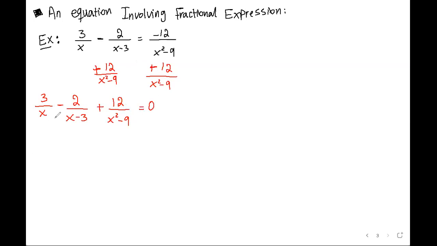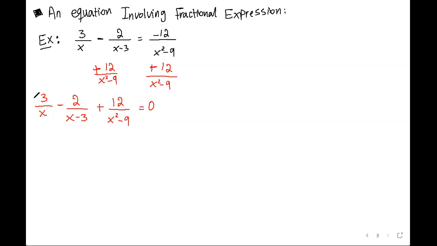And to solve something like that, I said we have to find the least common denominator. First of all, we find the least common denominator for the first two fractions, and then I get one fraction plus the second fraction. After that, we find the least common denominator for both fractions, and they give me 0. Then I solve this type of equation.